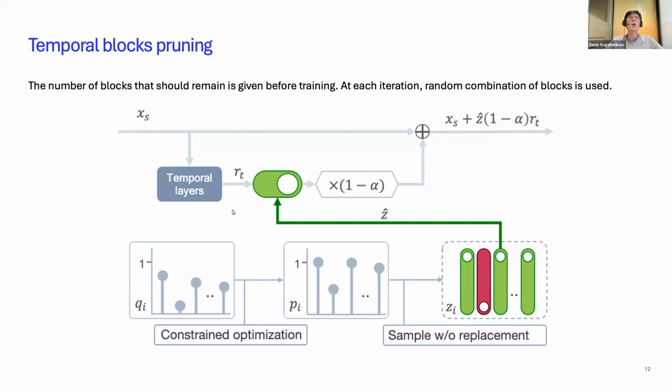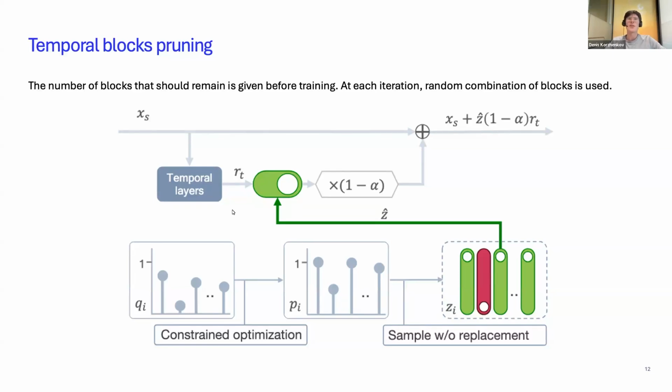So for each temporal block, we learn some scalar importance value q, and each training iteration, we transform this set of q values into the set of proper inclusion probabilities pi. And by proper, I mean that the sum of all these inclusion probabilities is equal to n. After we have obtained the set of these proper inclusion probabilities, we sample without replacement these binary gates for each temporal block, and exactly n binary gates are equal to 1, and all the rest of these gates are equal to 0.